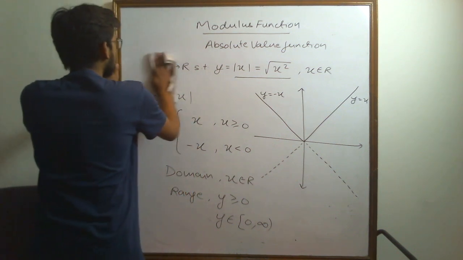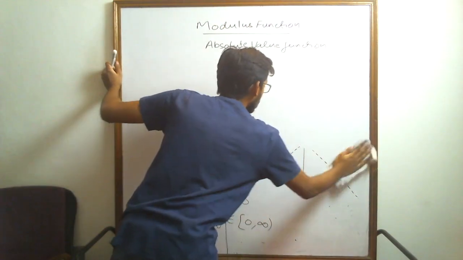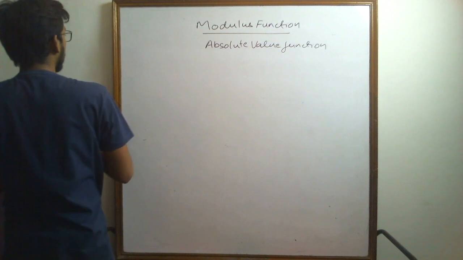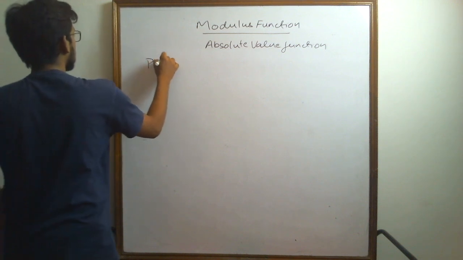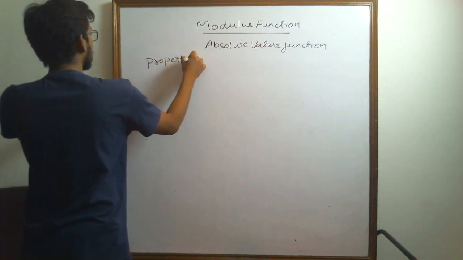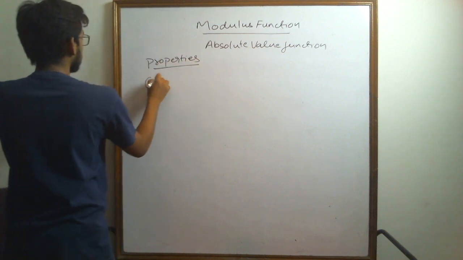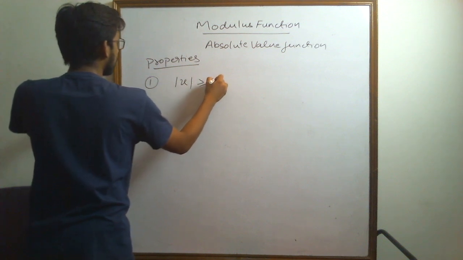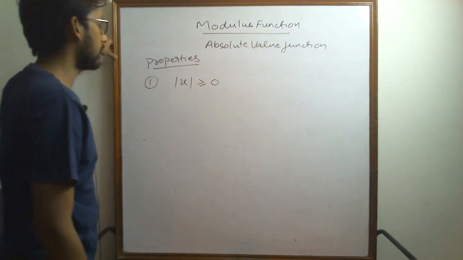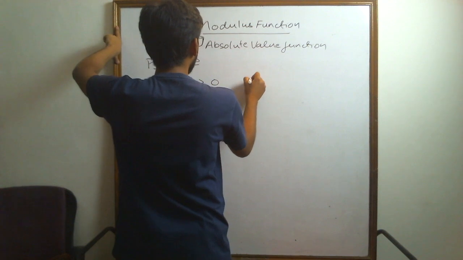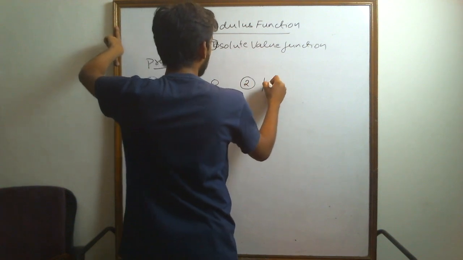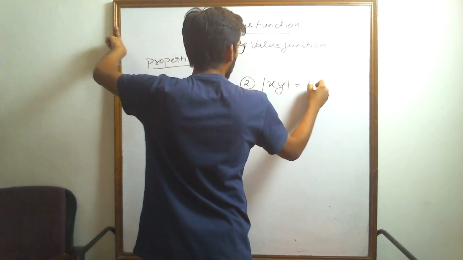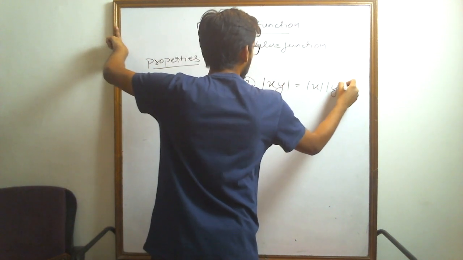Let's look at some properties of the modulus function. First one, mod of x is always greater than or equal to 0. As we just saw, it is always greater than or equal to 0. Second, mod of x into y is equal to mod x into mod y.